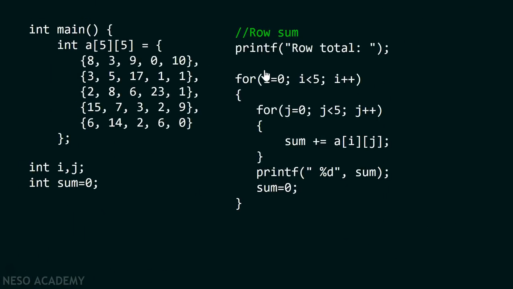Now, how can we calculate the column sum? The idea of the column sum is also very simple. Here the difference lies in the for loop. As my initial assumption is i indicates the row index and j indicates the column index. If I want to calculate the column sum, then I have to move my row index and not the column index. Previously, I made my row index static and moved the column index, right? But here, I have to make my column index static and I have to move my row index.